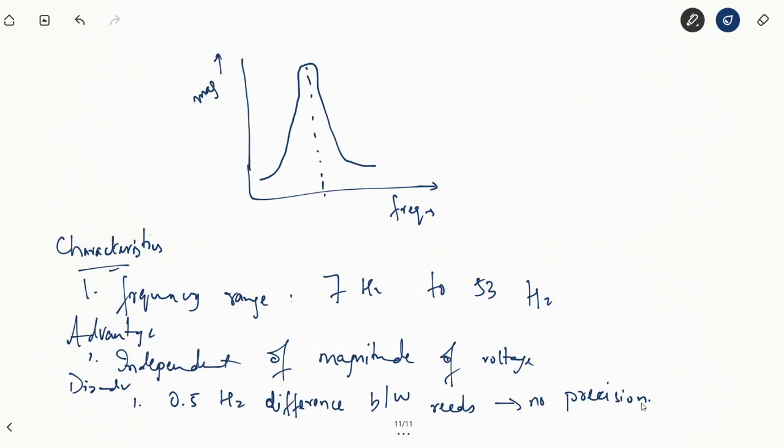The system can only resonate at 49.5, 50 or 50.5 Hertz, but it will not resonate at 49.75, 50.25 or 50.23. So precision measurement using this device is not possible. We can only measure a fixed set of values that differ in the range of 0.5 Hertz.